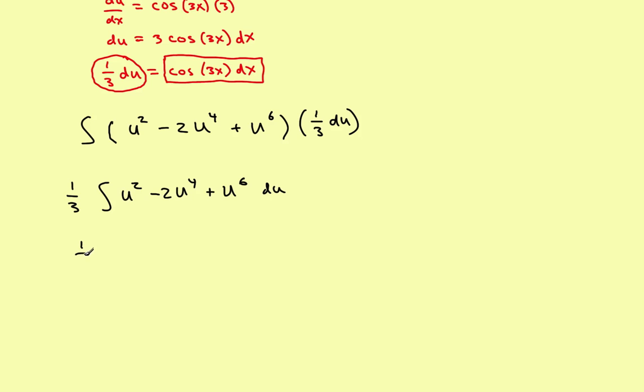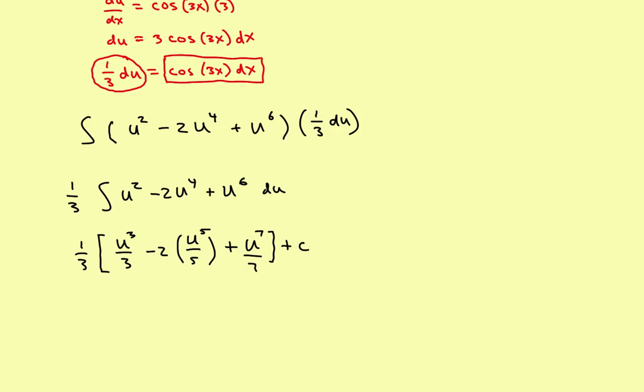So this would be 1/3 of, and I'll put them in brackets here, this is going to become u cubed divided by 3 minus 2 times u to the 5th divided by 5, and then finally plus u to the 7th divided by 7, and then you're going to attach a plus c on the end of all this.